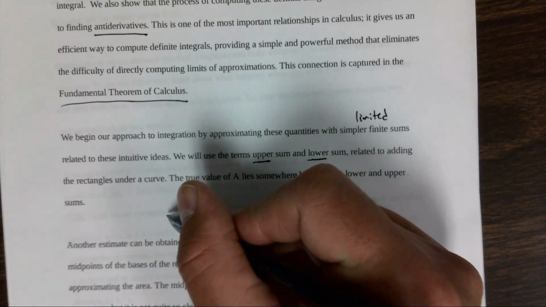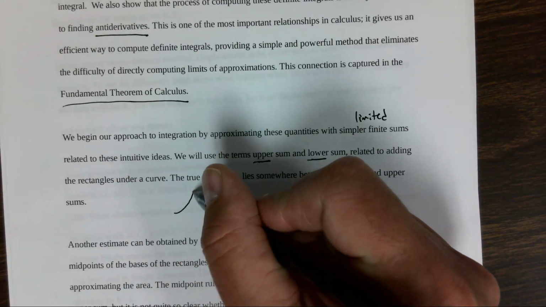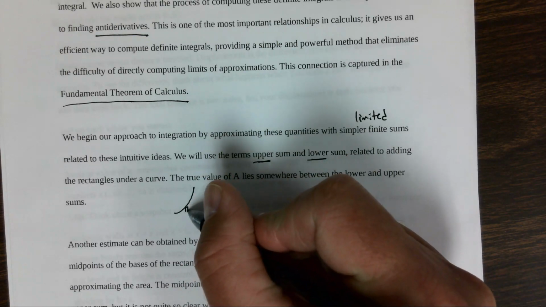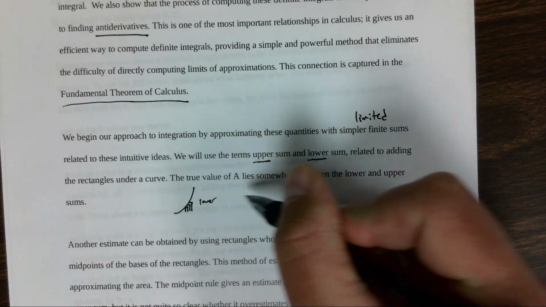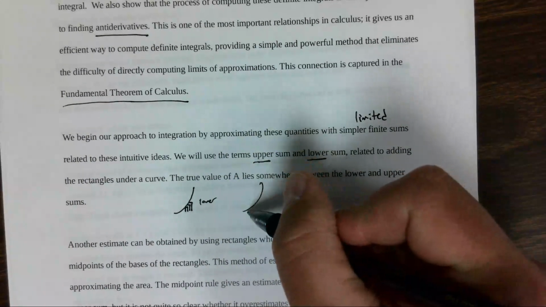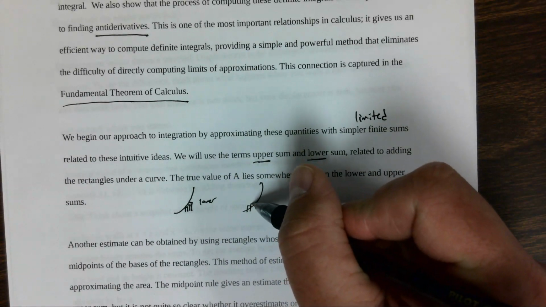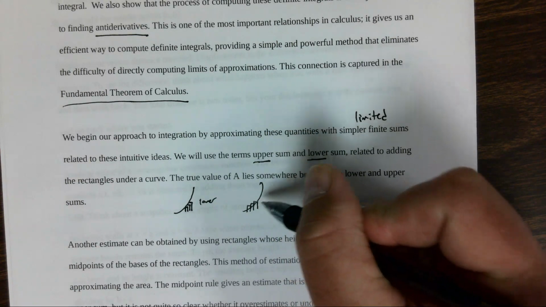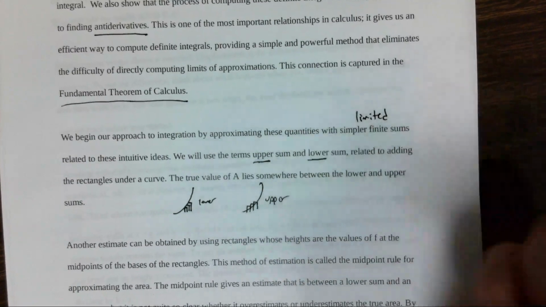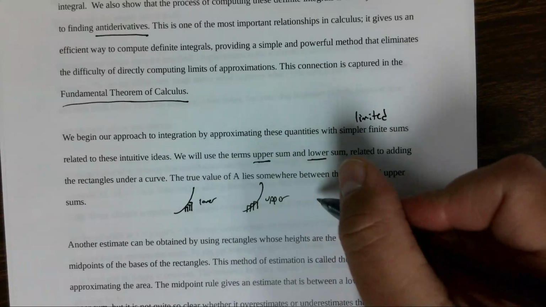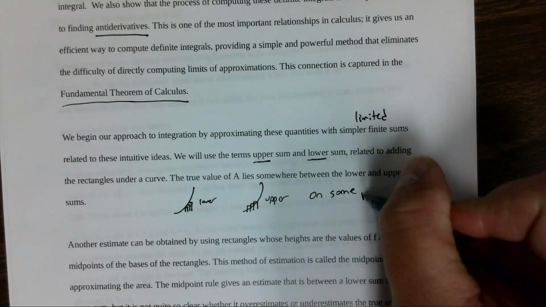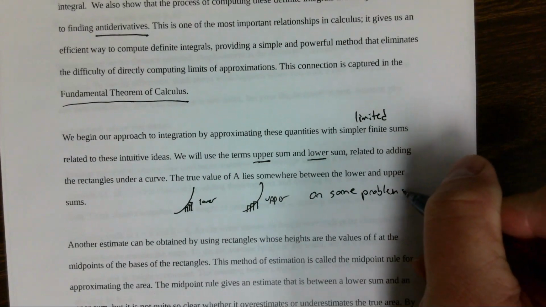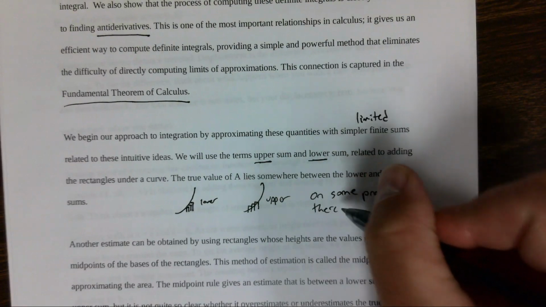So for example, say you have something like that. Well, you might have lower rectangles like that, and you might have upper ones like that. And I know sometimes on some problems there is a midpoint.